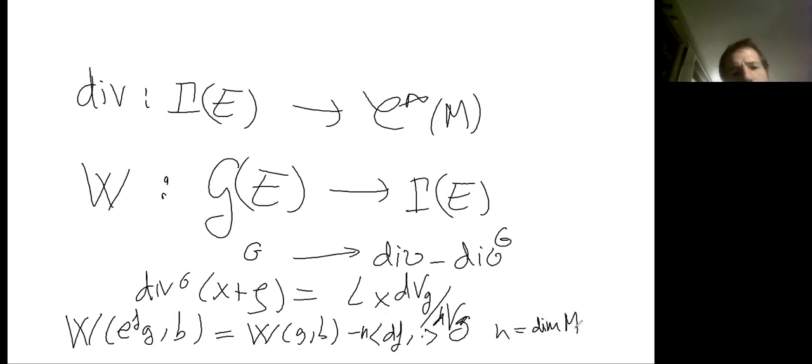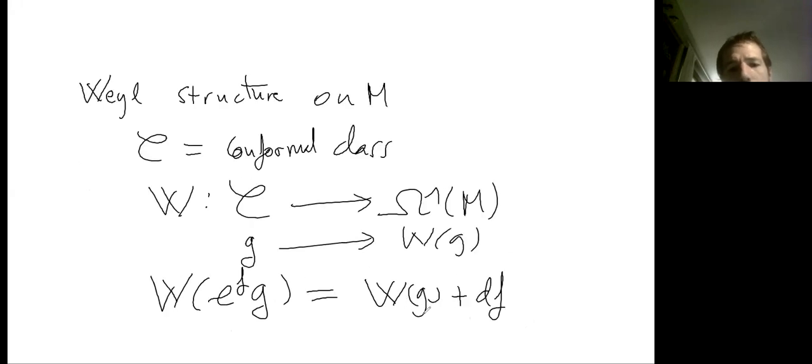So you see the difference of the given divergence minus the Riemannian divergence has the same effect as a Weyl structure on the manifold in the sense of conformal geometry.